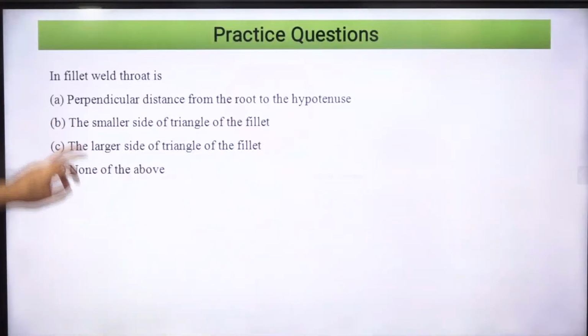Okay, now let's go to this one. In fillet weld, this question is straightforward. In fillet weld, throat is pretty simple, I think. Perpendicular distance from the root to the hypotenuse. I think you can answer very well.